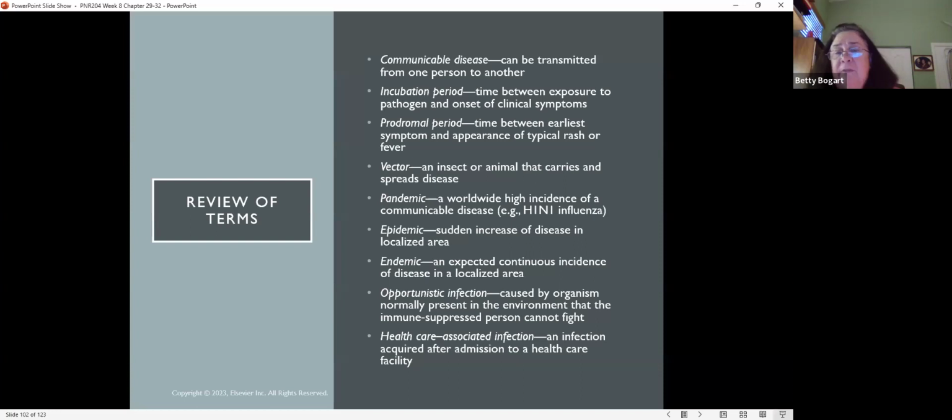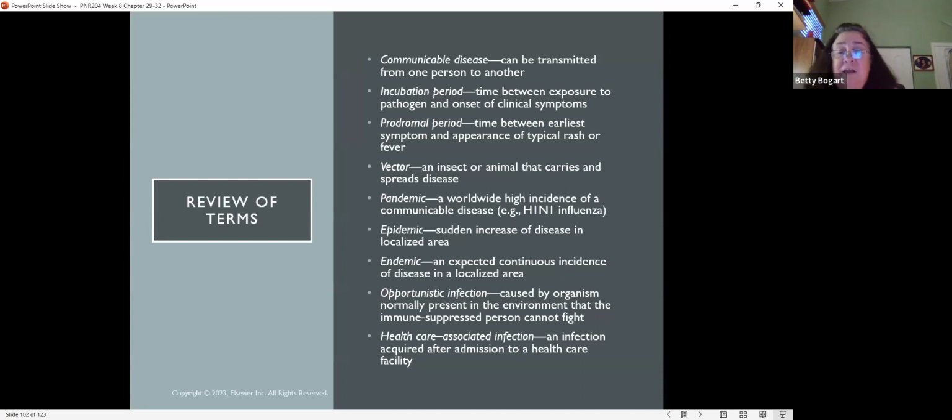That is an area. An opportunistic infection is caused by an organism normally present in the environment that immunosuppressed people cannot fight. Ever hear of PCP pneumonia? Well, that pneumonia is opportunistic. It's here. We all are breathing these, but only that HIV person is going to get it.